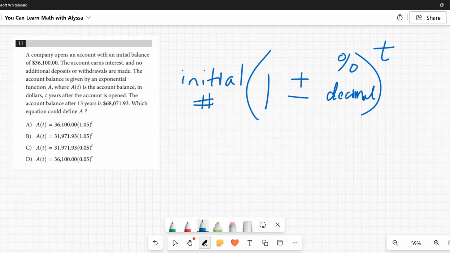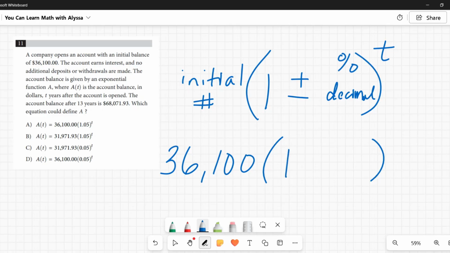So here it is talking about an account with money. So my initial number is the initial balance. That is 36,100. Then it's going to be 1 plus or minus a percent of increase. Now, I don't know what that percent increase is.